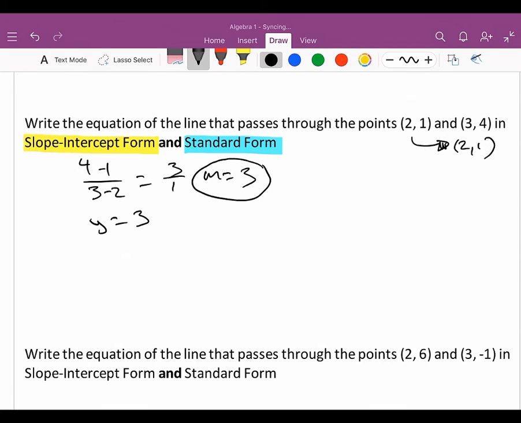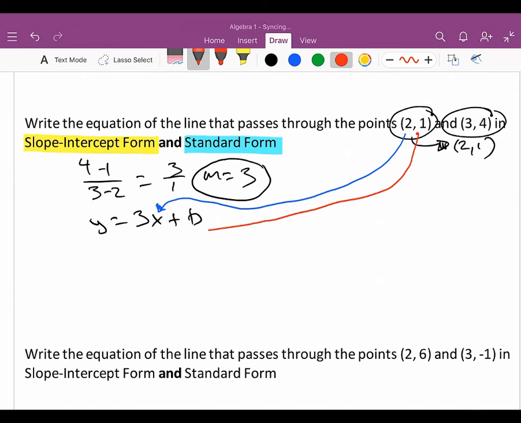So that means 3x, and then B is something we don't have. You need the y-intercept. But since we're given 2 points here, you can plug a point in and solve for B. So what I would do is take the x value, that 2, and it would go where the x is, and then that y value of 1 would go where the y is.